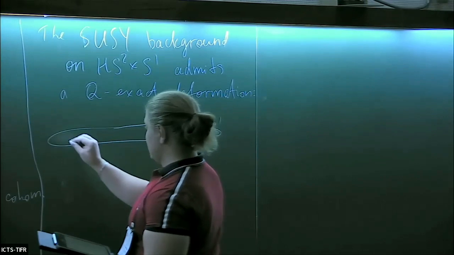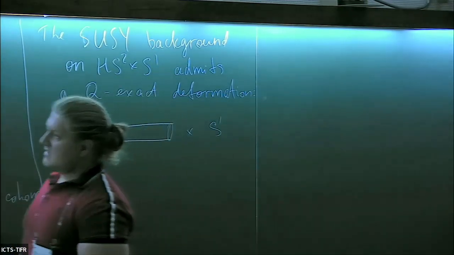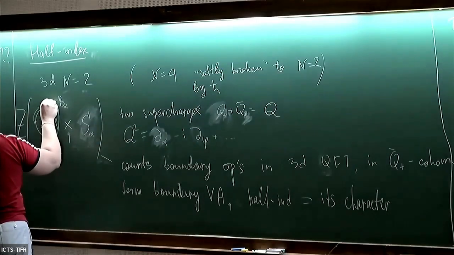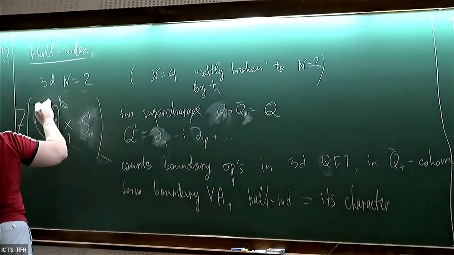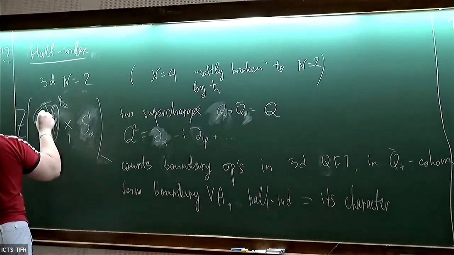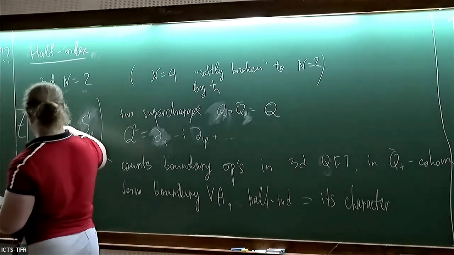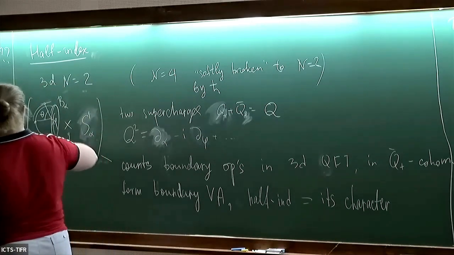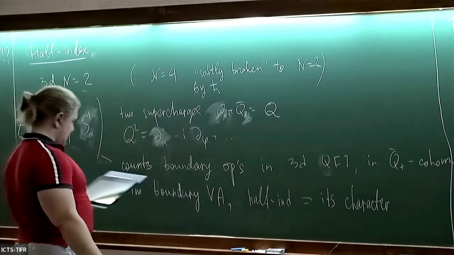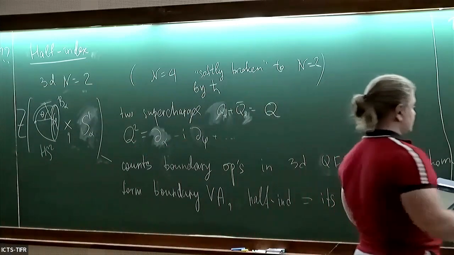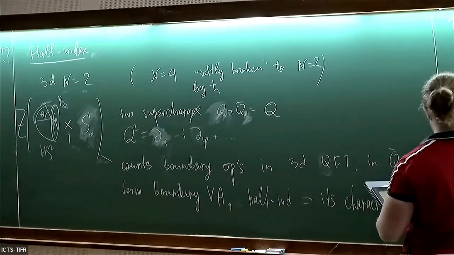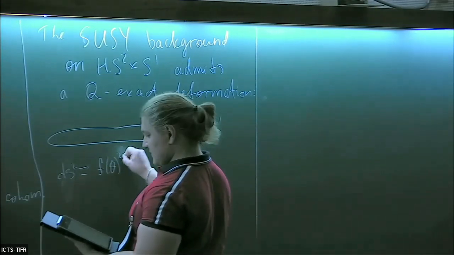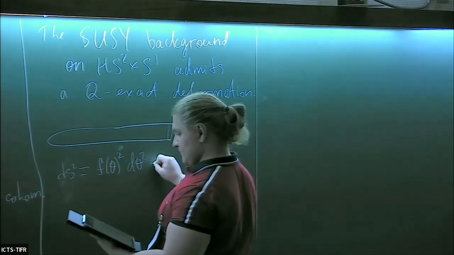So here let me introduce spherical coordinates, because here this angle is theta, and the one that corresponds to rotation, the isometry of the hemisphere, is phi, and this one is alpha. So here the metric on this space is determined by a certain function f of theta.